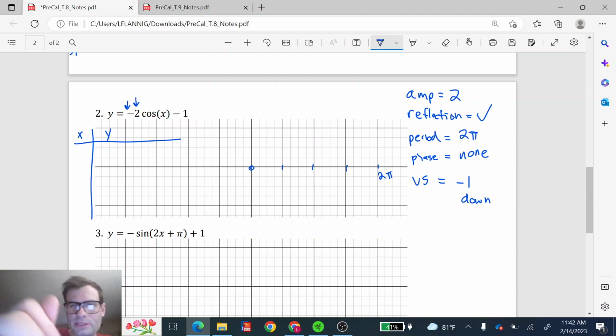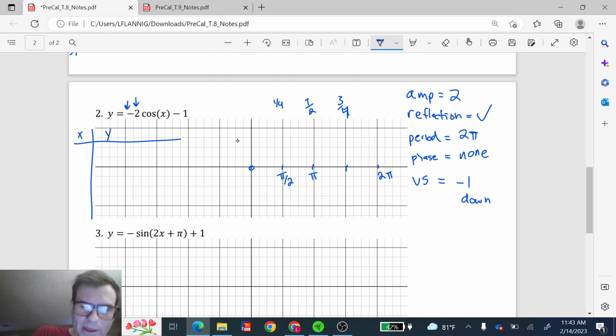Remember, this is 1/4 of that, this is 1/2, and this is 3/4 of 2 pi. So 1/2 is just pi. 1/4 of that is pi over 2, and this is 3 pi over 2.